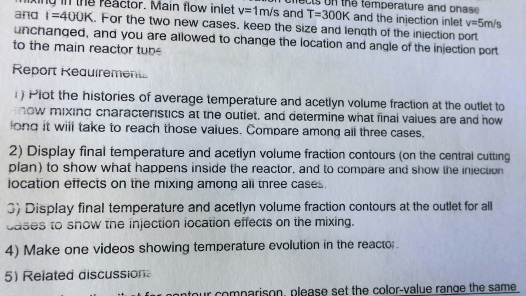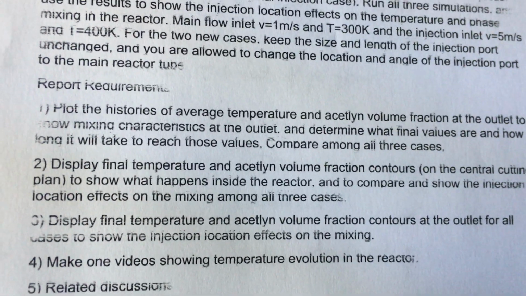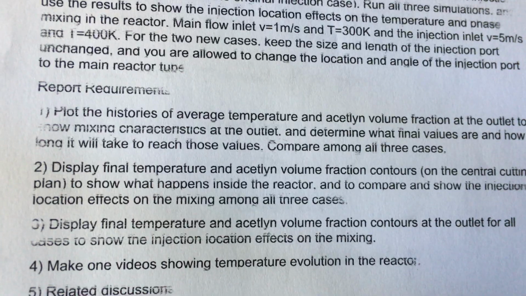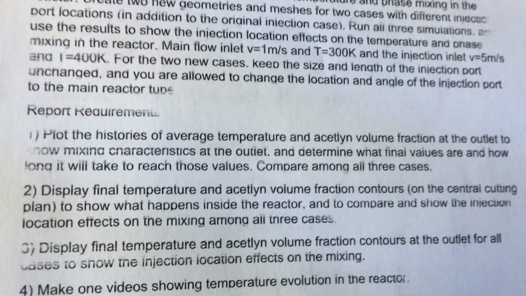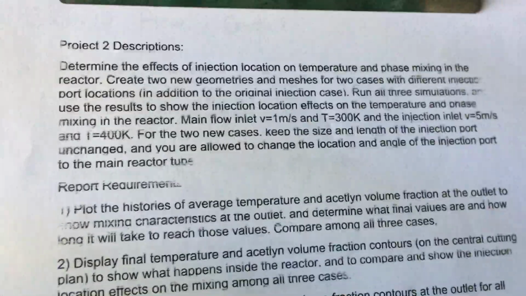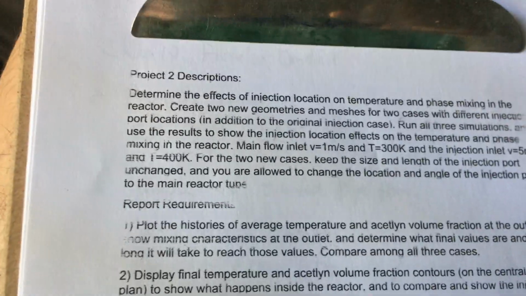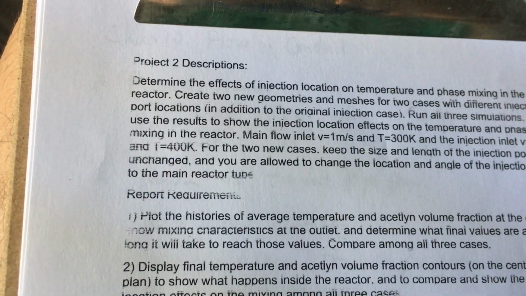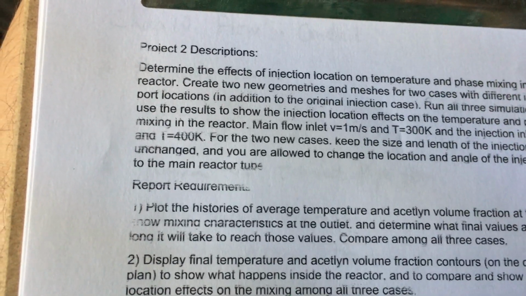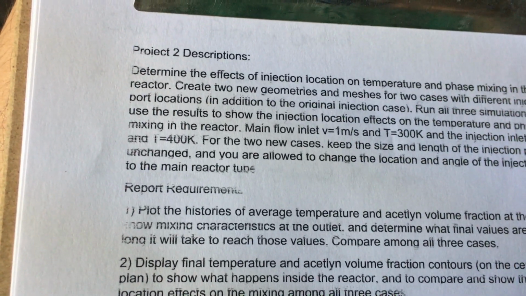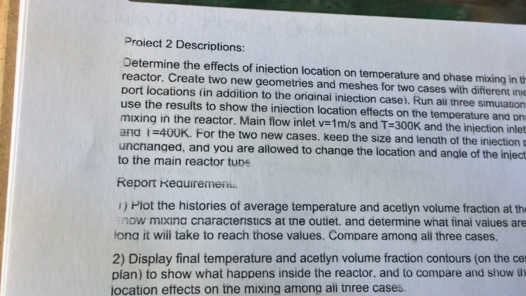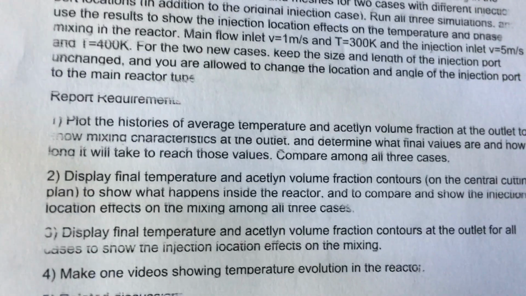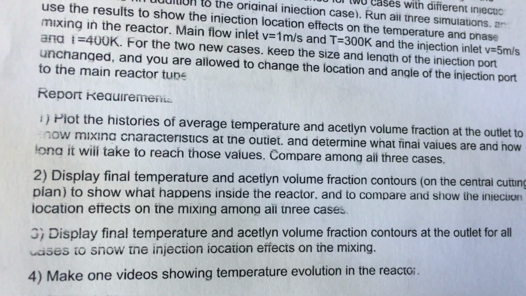For those contours, I really want you to set the same color range, the same values, for all three cases when you compare. You want an apple-to-apple comparison among the three cases, so be sure to set the range of the color. You can uncheck the auto range and manually put in the maximum and minimum values.